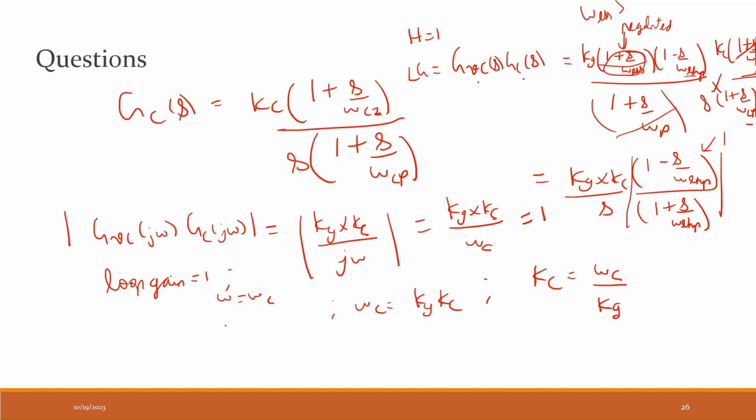In this way, we have determined the transfer function of your controller. We found what Kc should be. Your controller zero should cancel out my controller pole, and omega CP must be in coincidence with my omega RHP. So this way you can find the transfer function of your type 2 compensator.